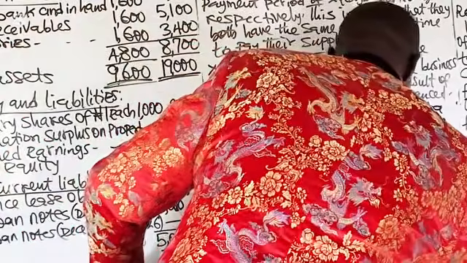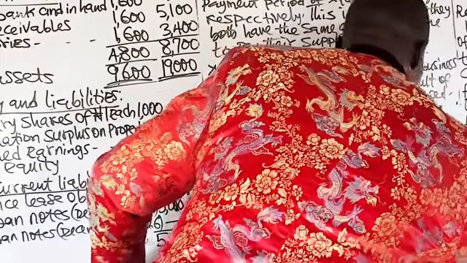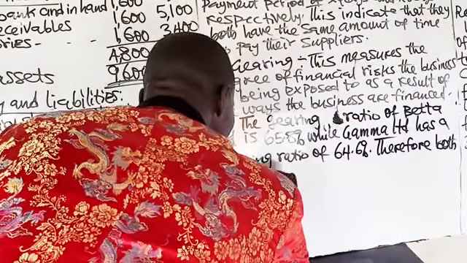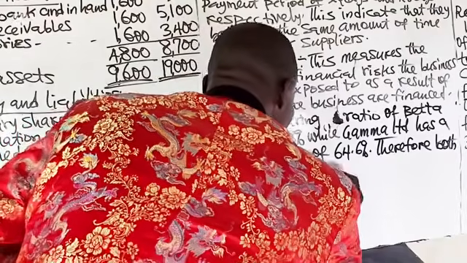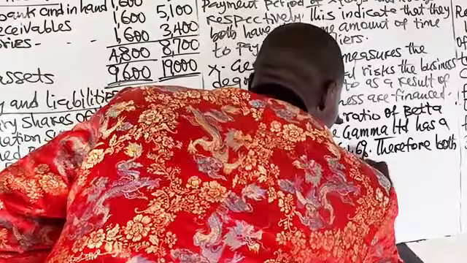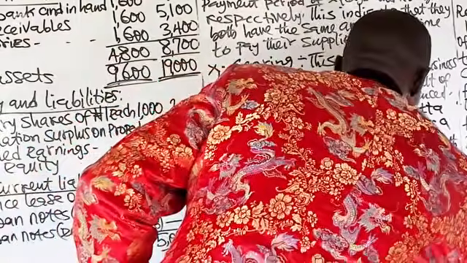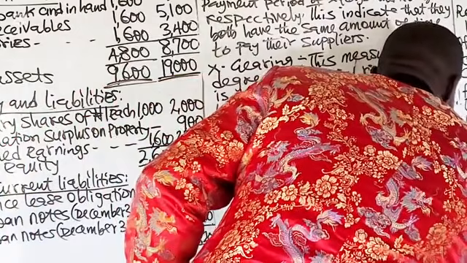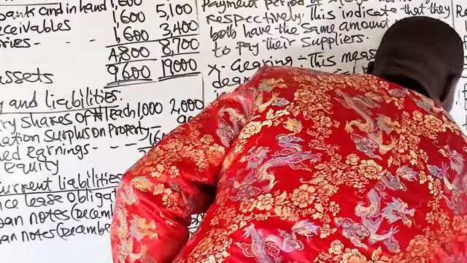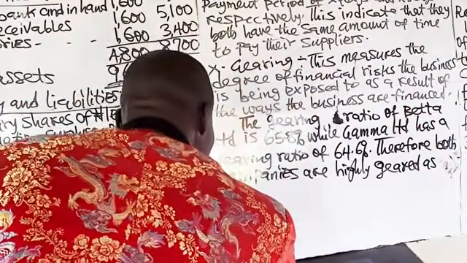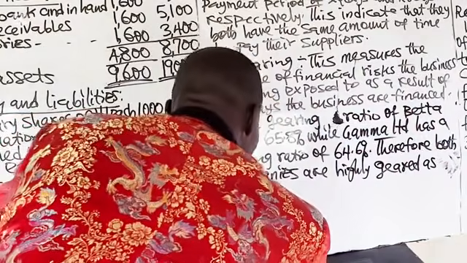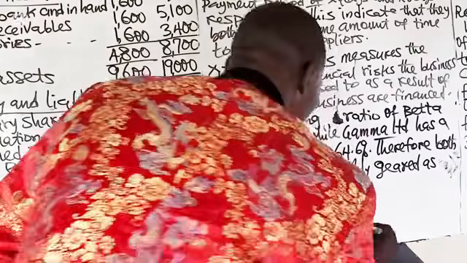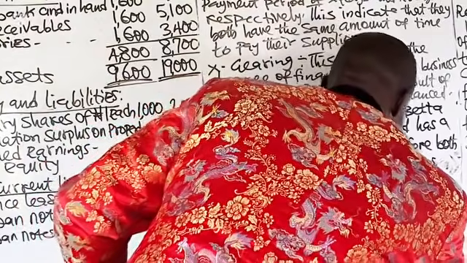Therefore, both companies are highly geared as their gearing ratios exceed 50%.